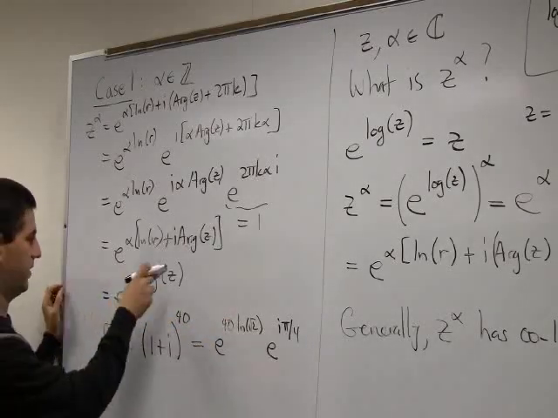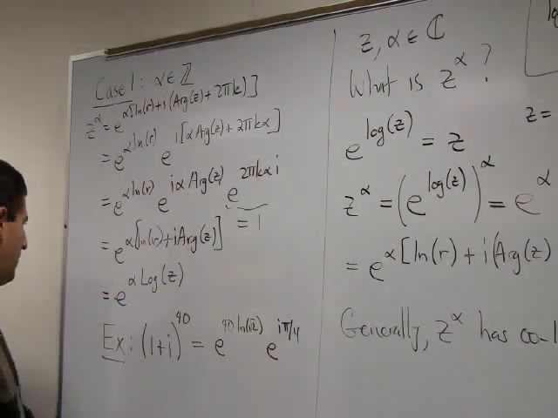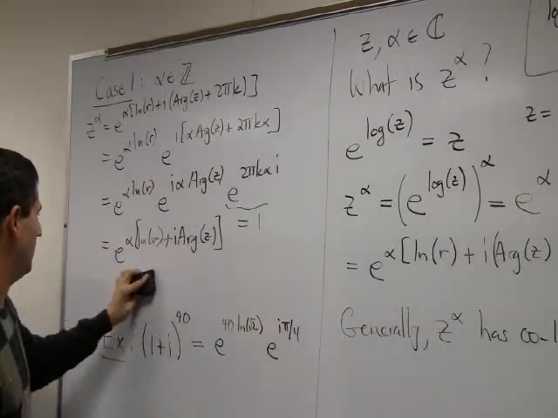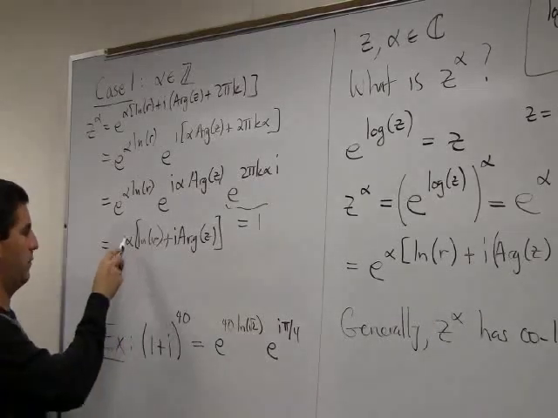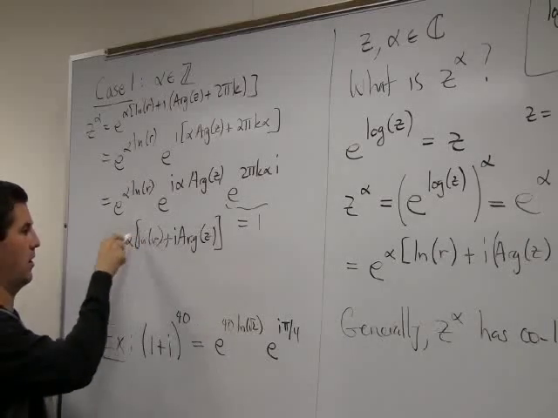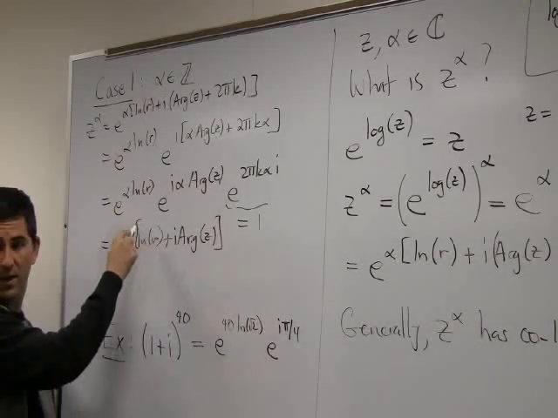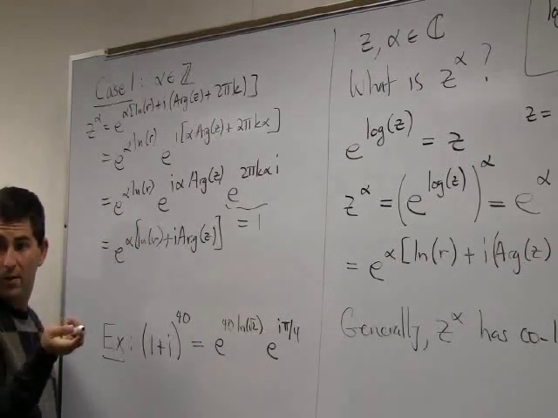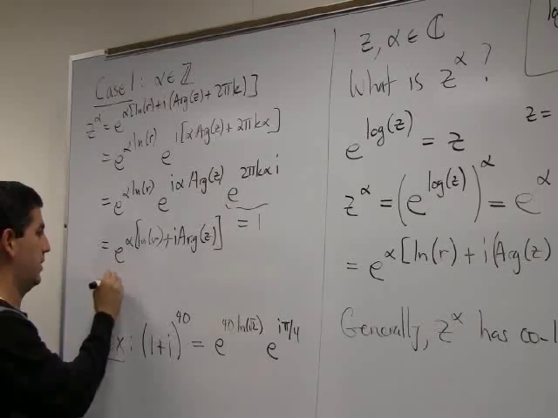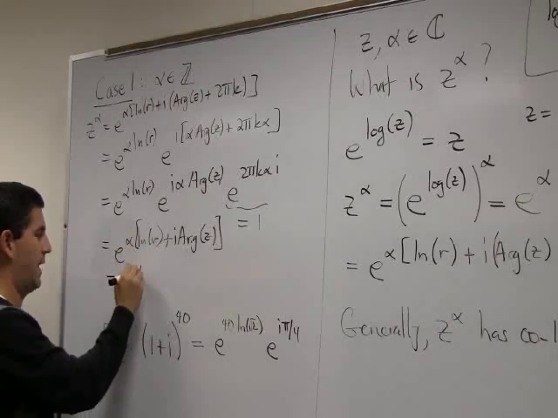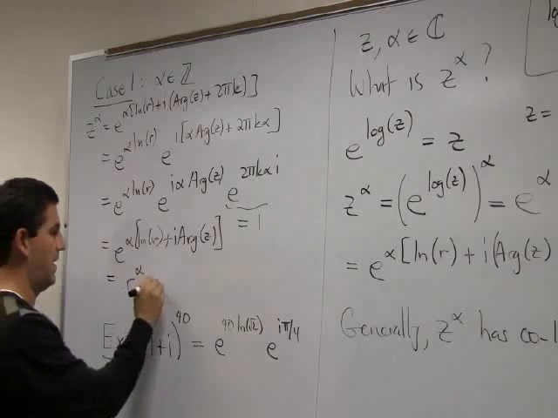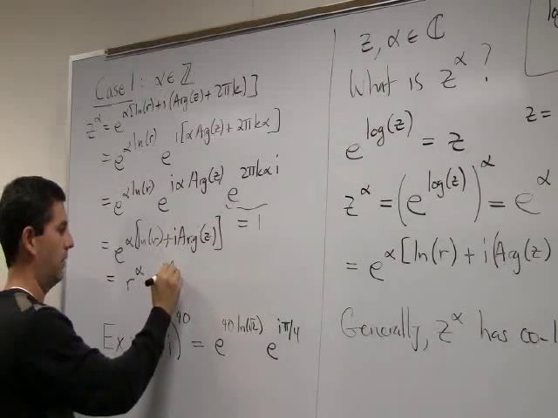Now, what's really nice here, maybe another way to write this, let's actually go back above for a second. If you write this as e to the ln of r to the alpha, just the first bit, e to the ln of r is just r, because they're inverse functions. So actually you could write this first bit here as just r to the alpha. And then you'd have times e to the i arg of z.